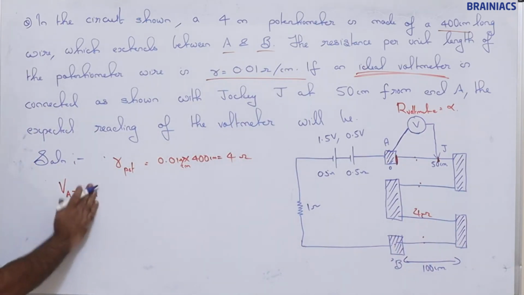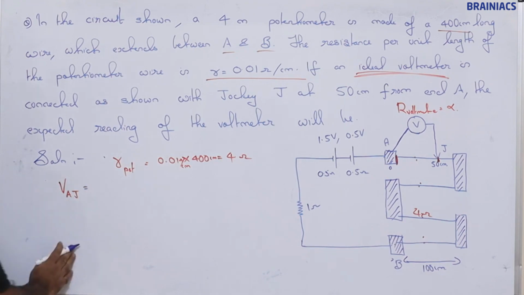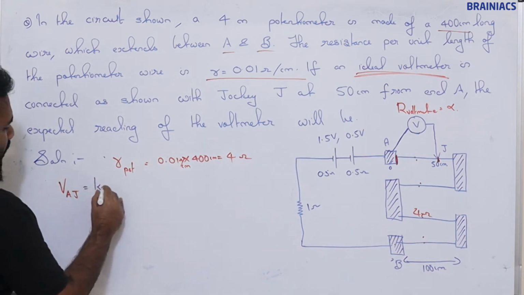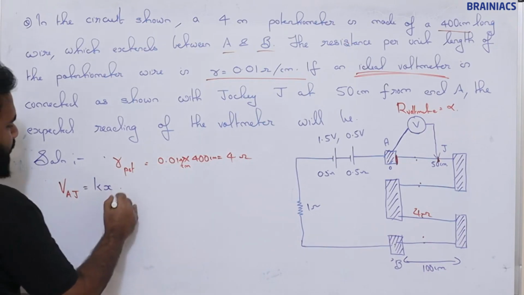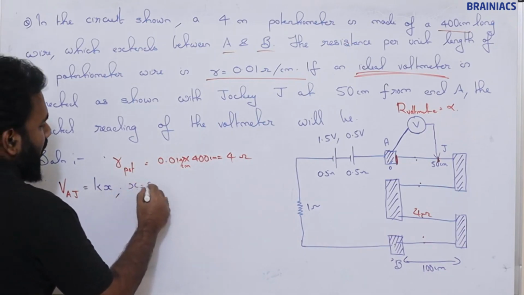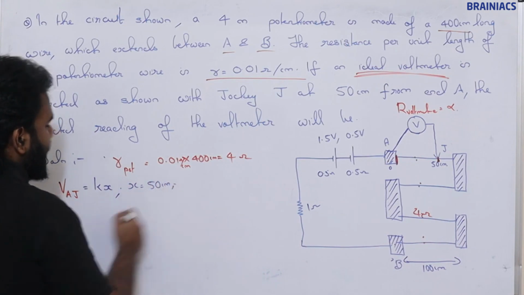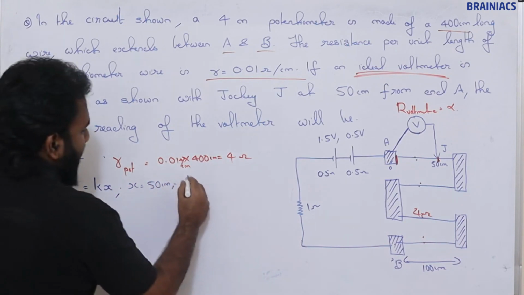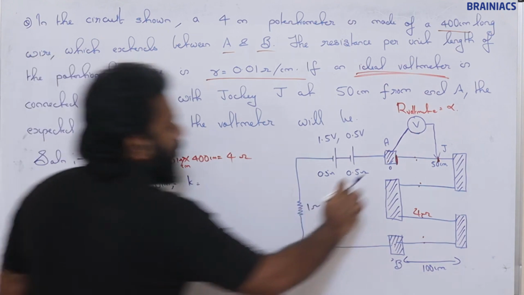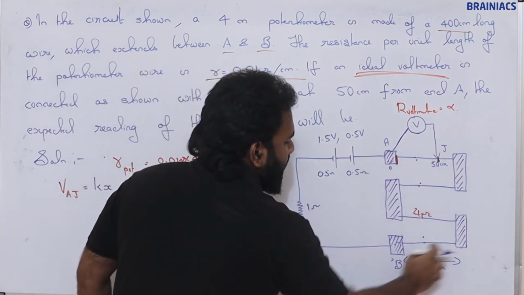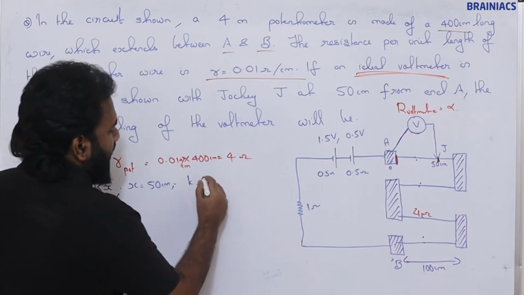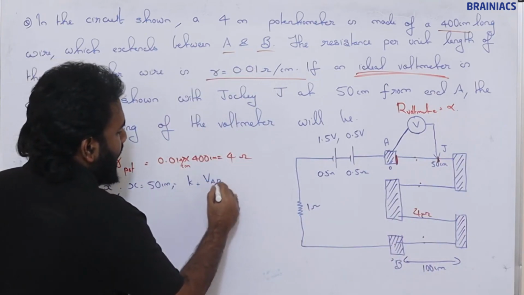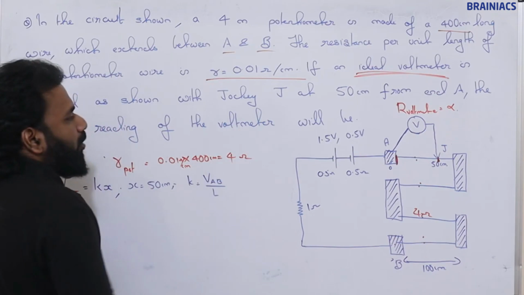Right, so VAJ, this is what they have asked. This is equal to K into x. So x is what? Given 50 centimeter. What is K? K is equal to the voltage across this full length potentiometer divided by its length, that is VAB divided by length of the potentiometer wire.